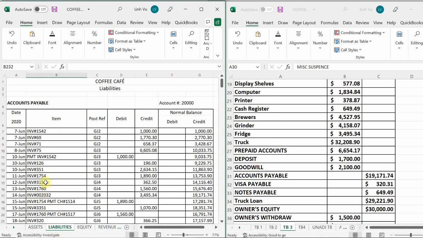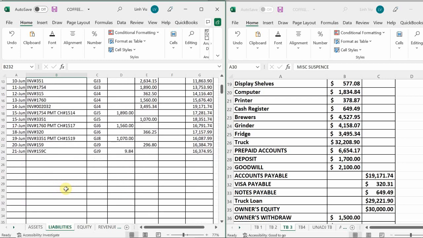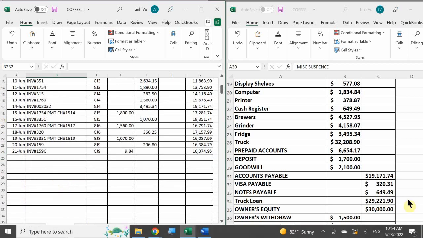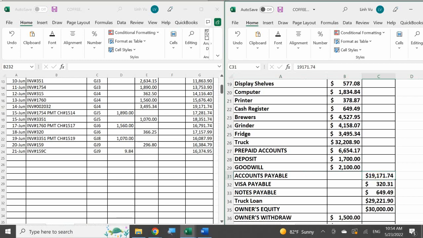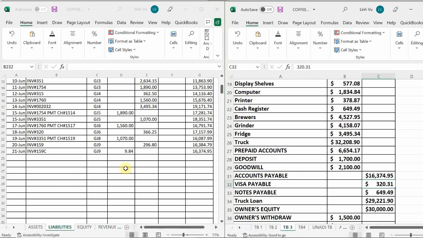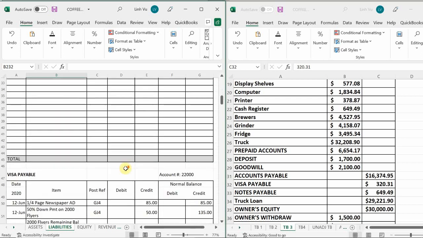Okay, next one, liabilities. How much money do I owe to vendors in accounts payable? 16,374. So we need to change it. 16,374.95. Good. Okay, what's next? Next is my Visa payable.